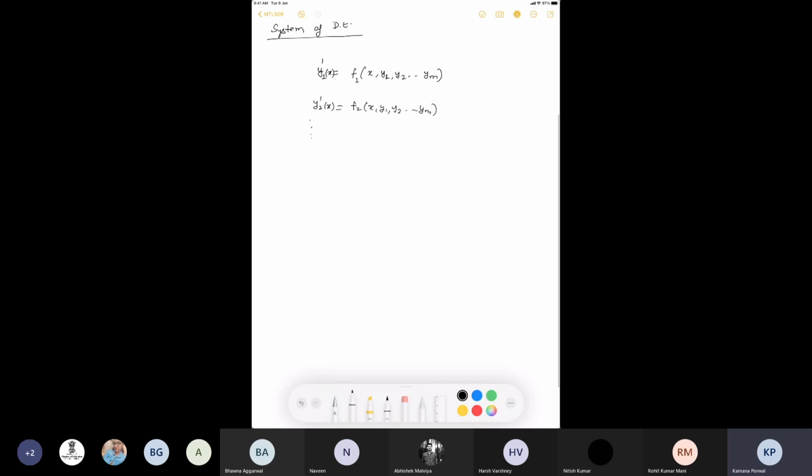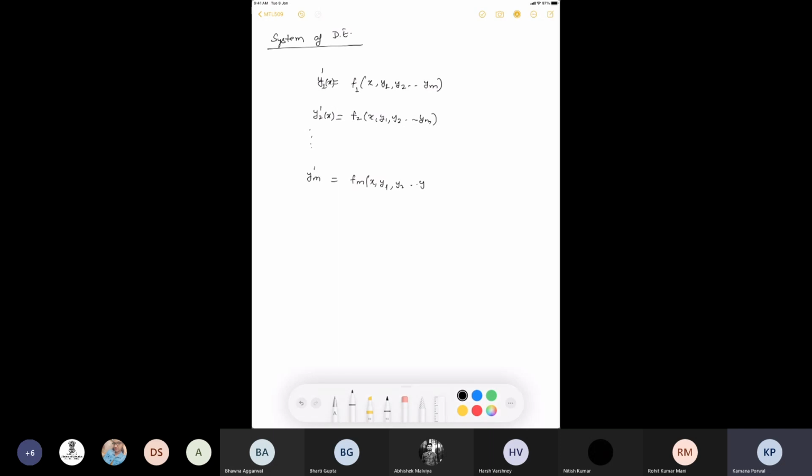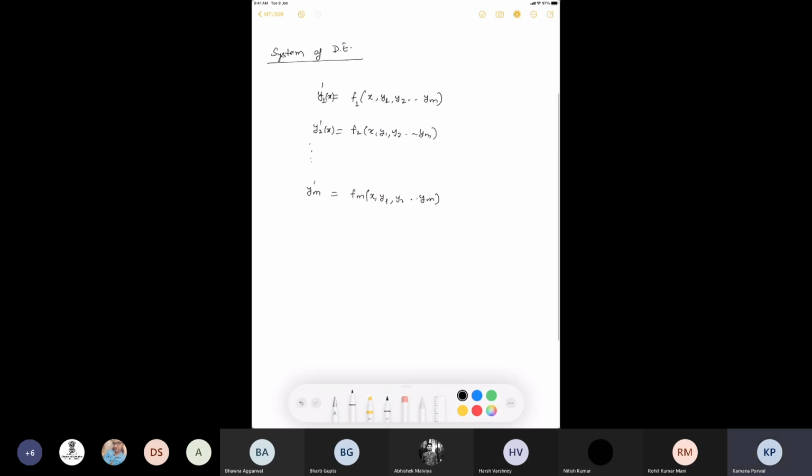And the mth differential equation, which is in terms of the variable ym, is ym prime equals a function fm, which is a function of x, y1, y2 up to ym. Okay, and we have the corresponding initial conditions. So y1 at x0 equals, let's call it y1 0, y2 at x0 equals y2 0, and ym at x0 equals, let's call it ym 0.